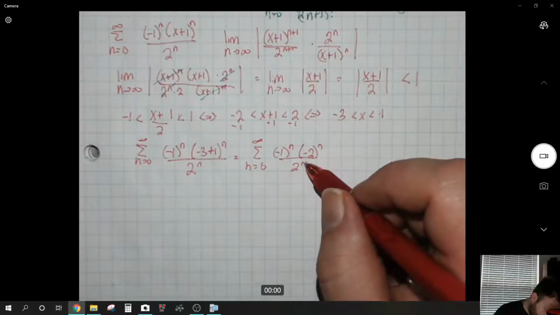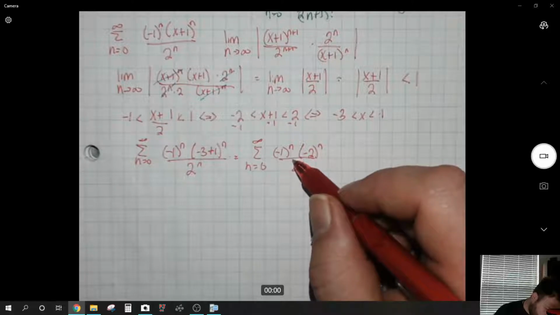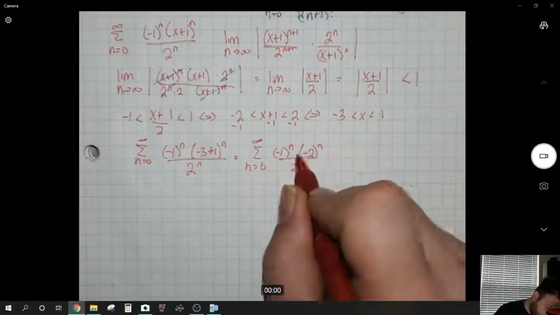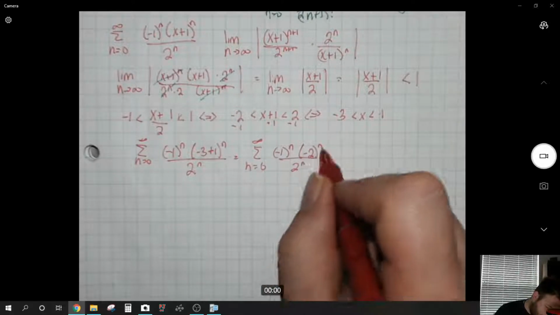And it looks like these two negatives are going to cancel out and it's going to simplify to 1.